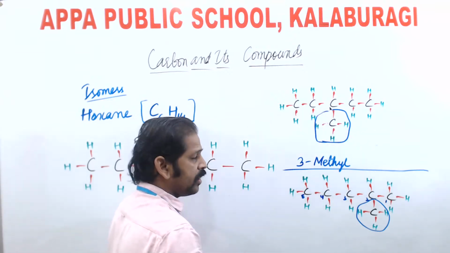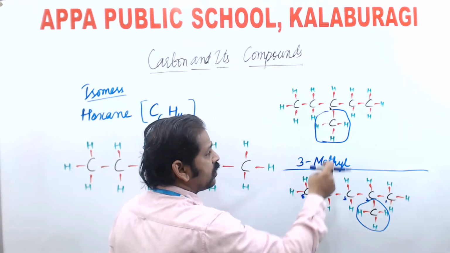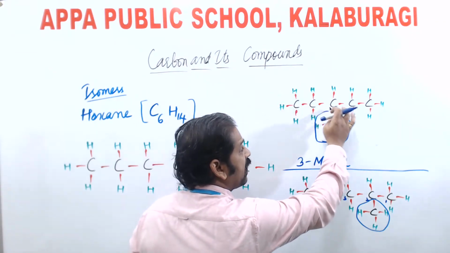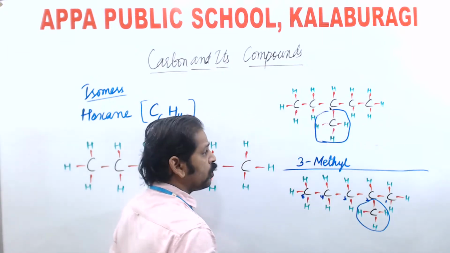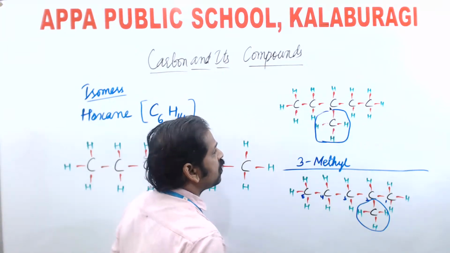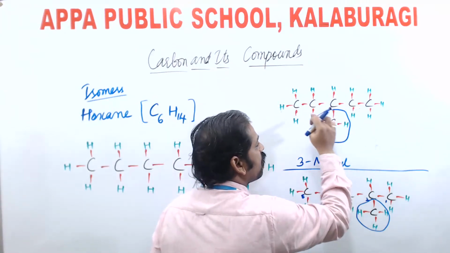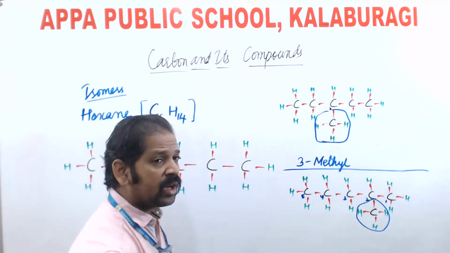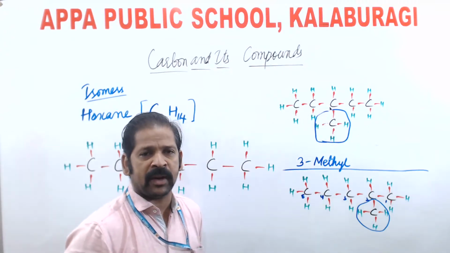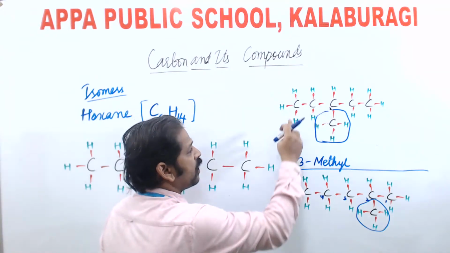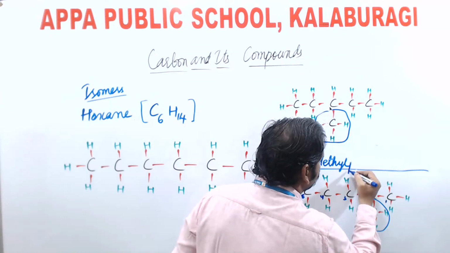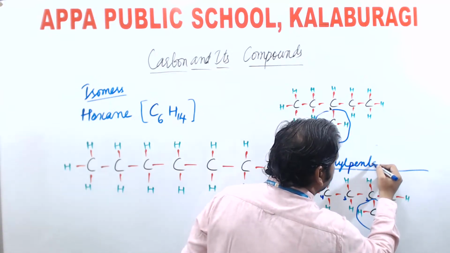So it is 3 dash, this CH3 attached separately to the main carbon chain. So it is called methyl. Now how many main carbons remain? 1, 2, 3, 4, 5. Now the remaining 5 main carbons, and all are single bonds. So it is pentane. 3-methyl pentane.